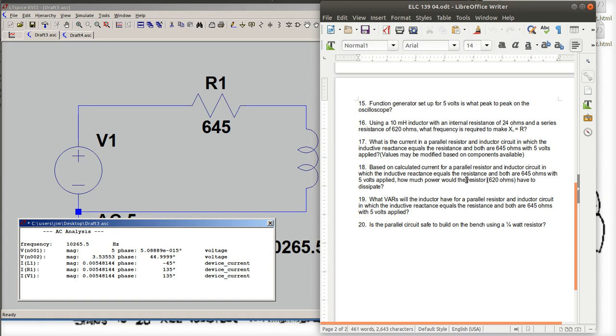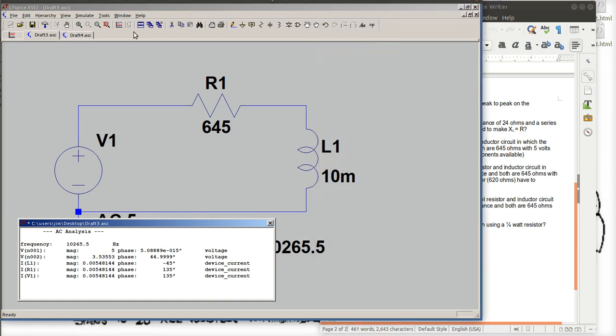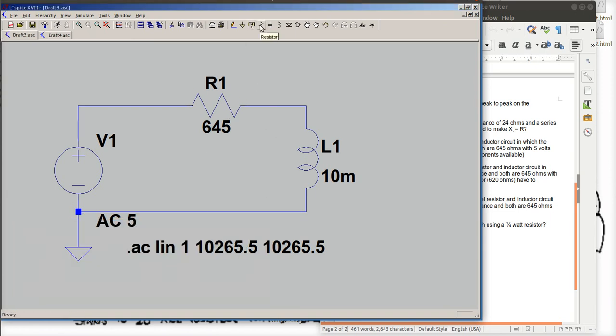Okay, so now I want to do the same thing again, except these have to be in parallel. So basically I can just change my circuit around. I got to close the analysis if I'm going to modify the circuit. That's why it clicked at me. I'm going to put in another resistor. I'm going to cut that resistor out.